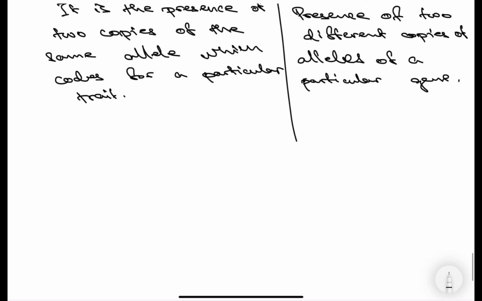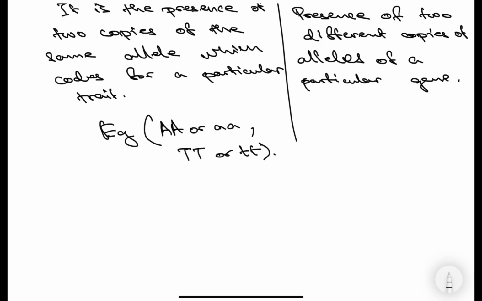Examples may be capital A, capital A, or capital T, small t, but here it will be capital A, small a, capital T, small t, like this.